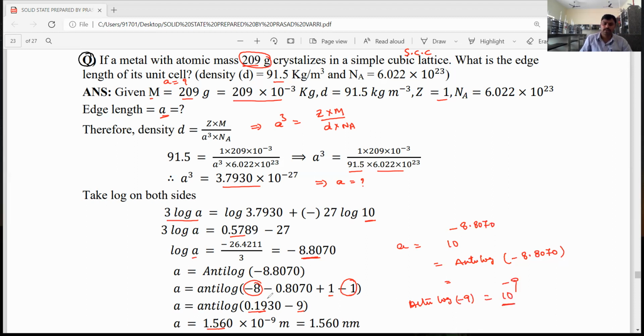The units are in meters. 10 to the power of minus 9 meters is nothing but nanometers. That's why 1.560 nanometers. The edge length is 1.560 nanometers or 1.560 into 10 to the power of minus 9 meters.